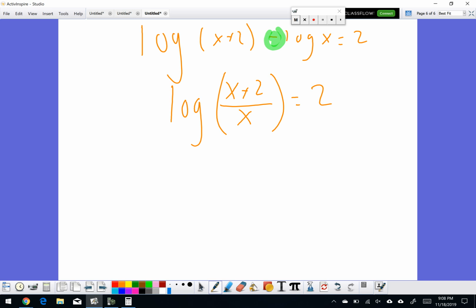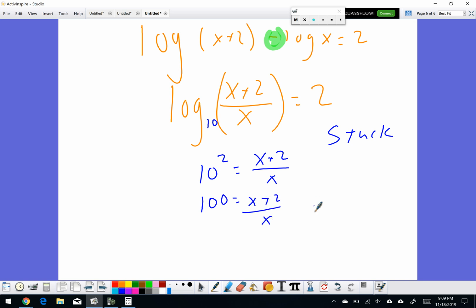Okay? So right here I'm stuck again. Can't go any further. Remember, if it's not written as a base, it's base 10. So I change to exponential, so I have 10 squared equals x plus 2 over x. That's 100 equals x plus 2 over x.